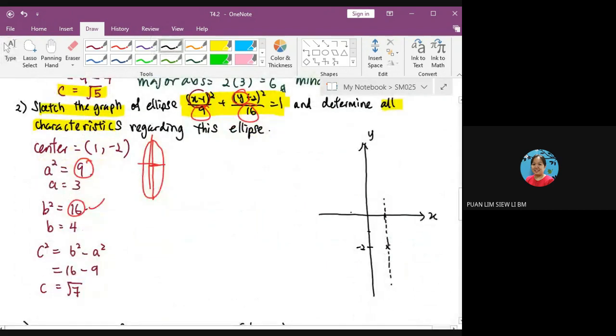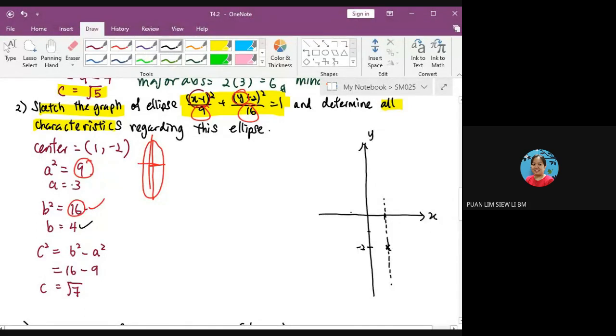Macam mana saya tahu dia melalui keempat-empat koordinat? First, you tengok benda menegak. Menegak kan 4 unit. Ini baru 2 unit, bermaksud dia akan tinggi. 2 unit, so dia akan sentuh kuadran 1.